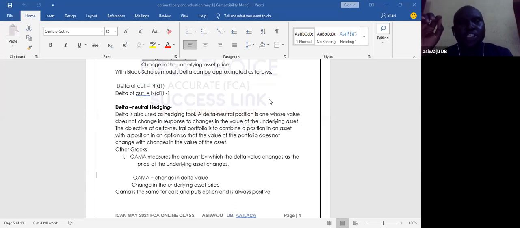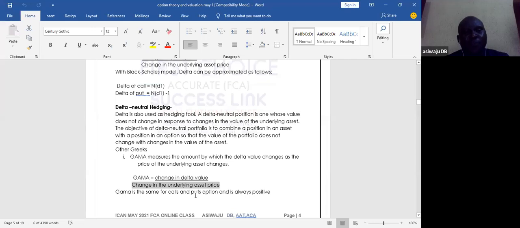Gamma measures the change in delta value as a result of change in the asset price.